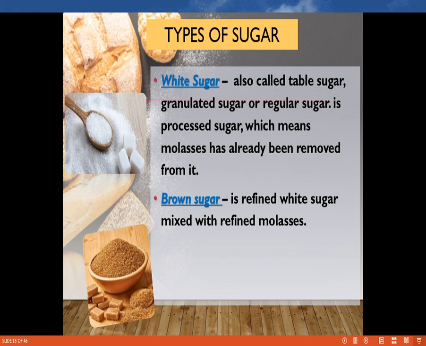On the other hand, brown sugar either undergoes less processing to retain its molasses content or is produced by mixing white sugar with molasses. Remember, class, molasses is responsible for its darker color and slightly increases its nutritional value. Brown sugar is often called soft sugar because of its moisture content.